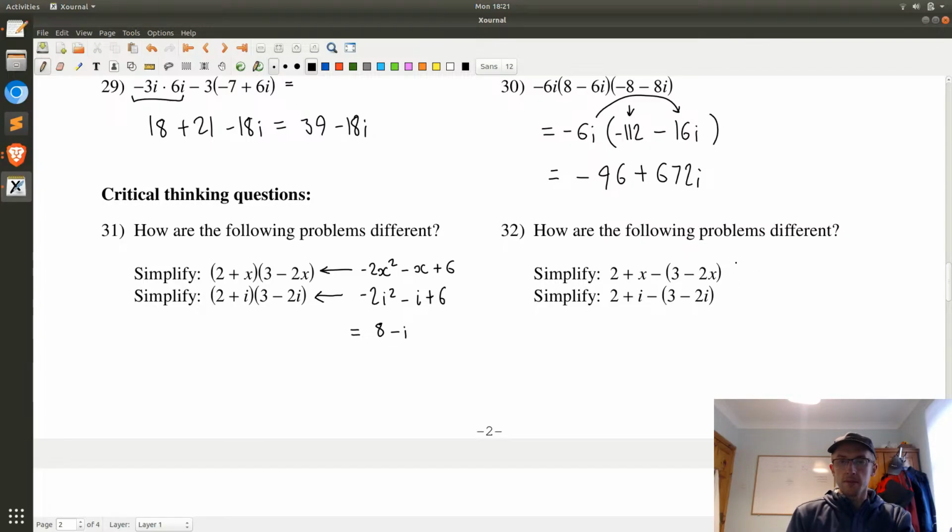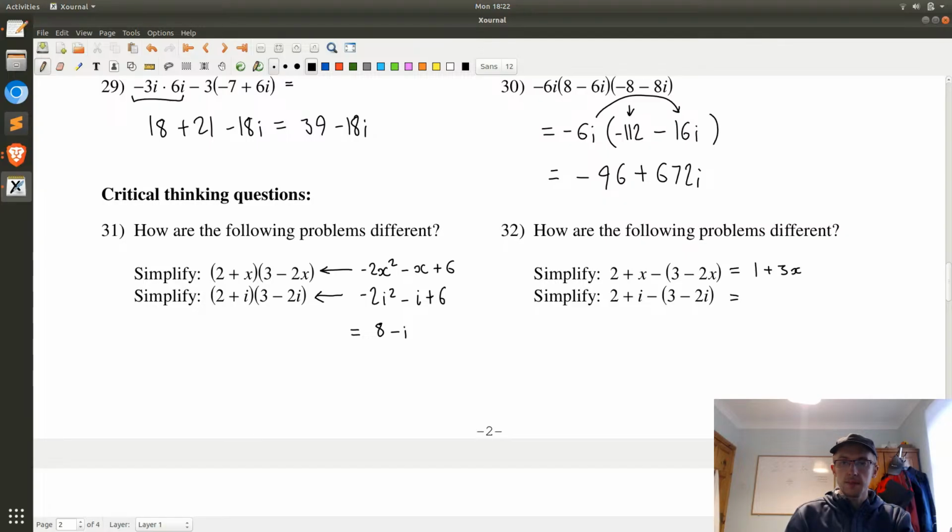As for this problem over here, well, let's see. It would be 2 add x, take 3, so 1 right there, and then x plus 2x, so 3x there, like that.